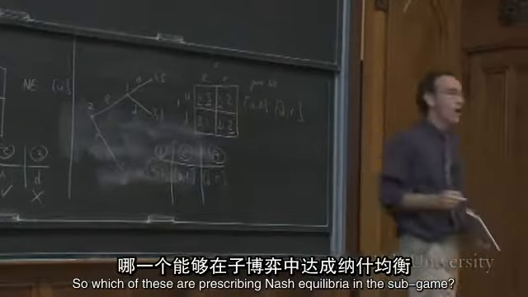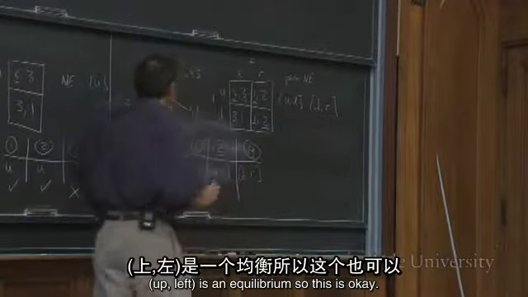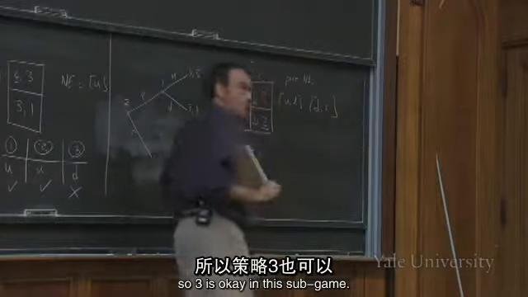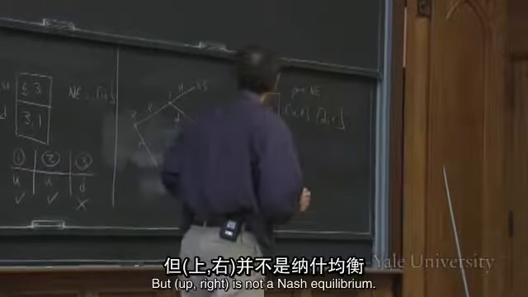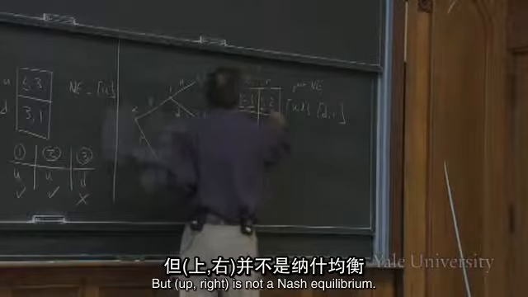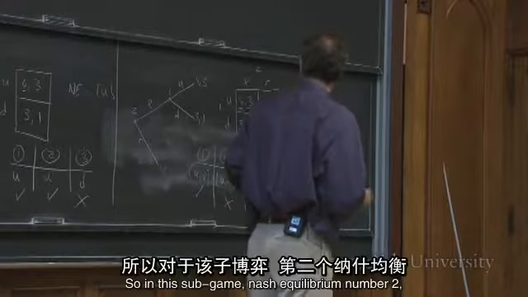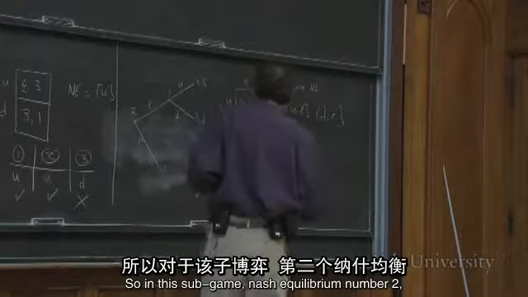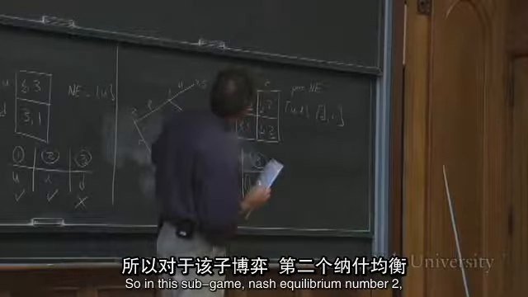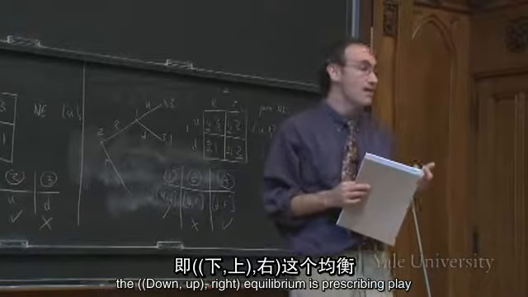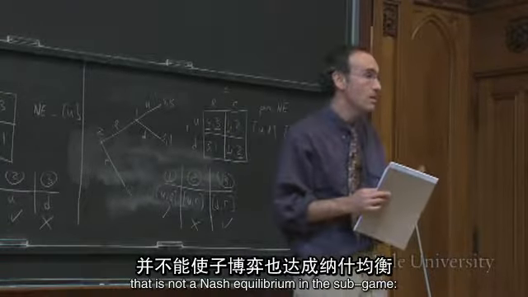So which of these are prescribing Nash equilibria in the subgame? Well, up left is an equilibrium, it's that one. Up left is an equilibrium, so this is okay. And down right was an equilibrium, so 3 is okay in this subgame. All right? But up right is not a Nash equilibrium. So in this subgame, Nash equilibrium number 2, the down, up, right equilibrium, is prescribing play that is not a Nash equilibrium in the subgame, so it's eliminated.